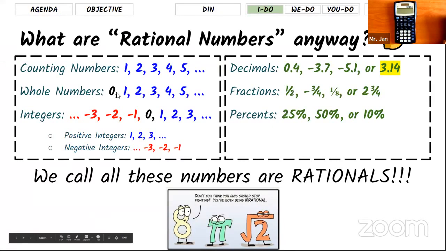It doesn't belong to one of these types of numbers. So these are examples: pi and square root 2. And 8 is rational. That's why he's telling the other two guys, hey, stop being irrational, because he's a rational guy. Number 8 is an integer, a whole number, a counting number. So it belongs to one of these groups.